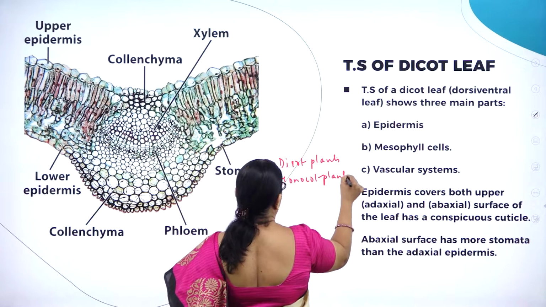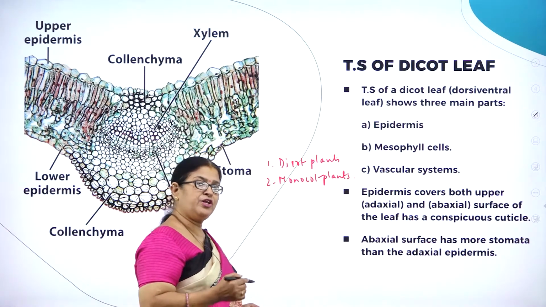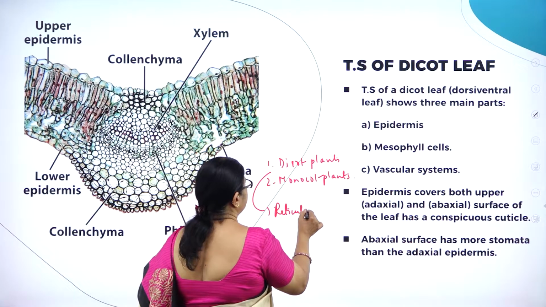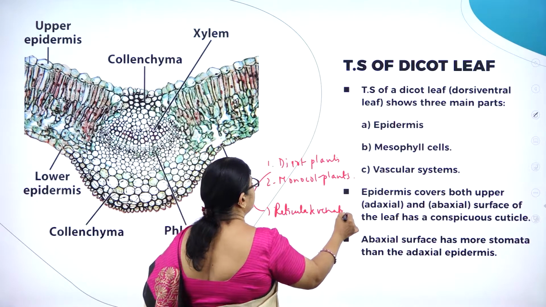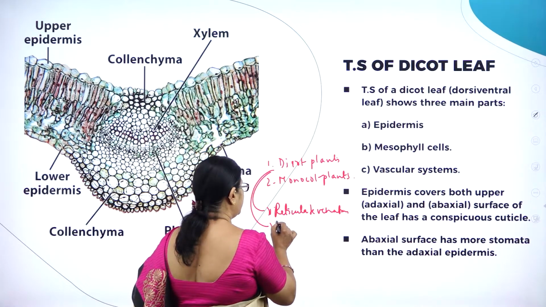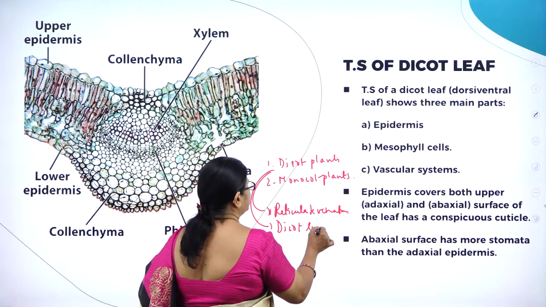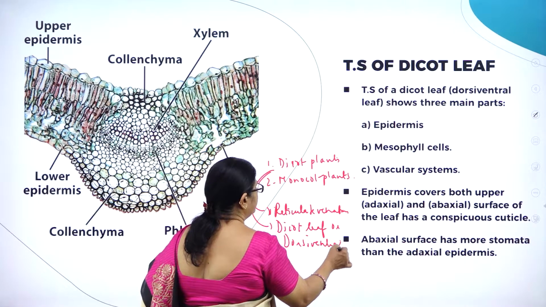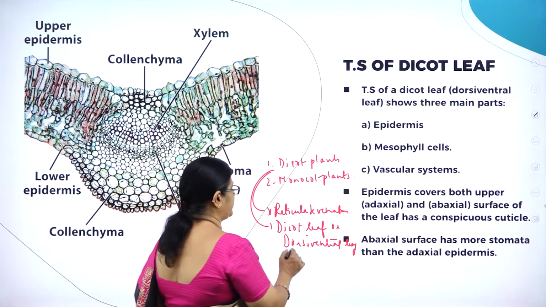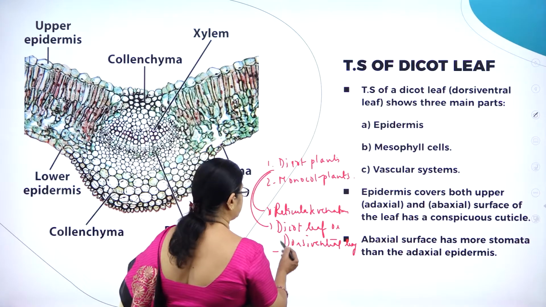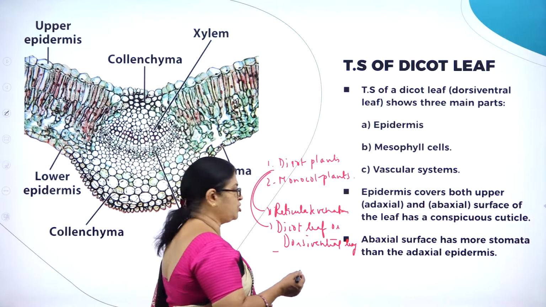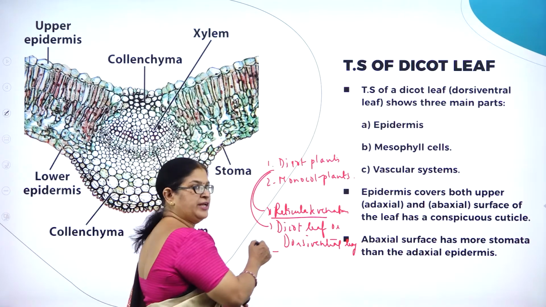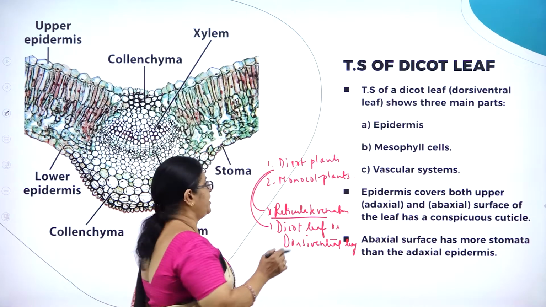We know dicot plants have reticulate venation, and the leaf is called a dicot leaf, or otherwise called dorsiventral leaf, because it is having two surfaces, that is dorsal surface and ventral surface, or you can also use the words upper epidermis and lower epidermis. It is having the venation, that is the arrangement of veins, in the form of a network, hence it is called reticulate venation.